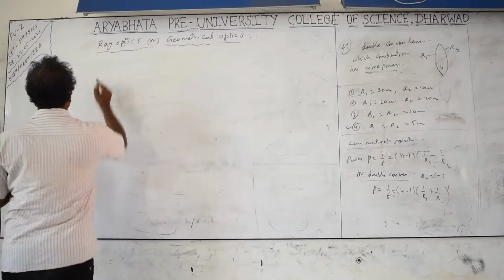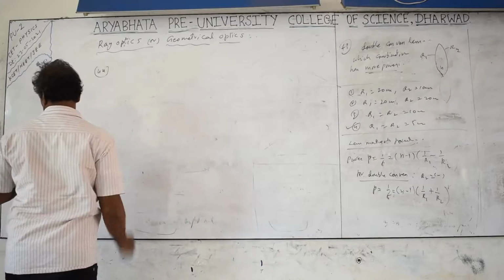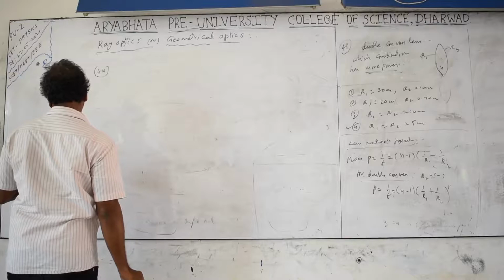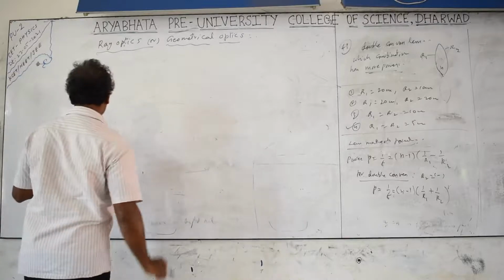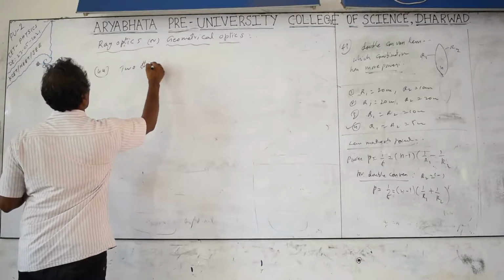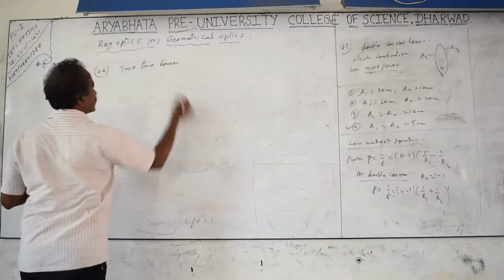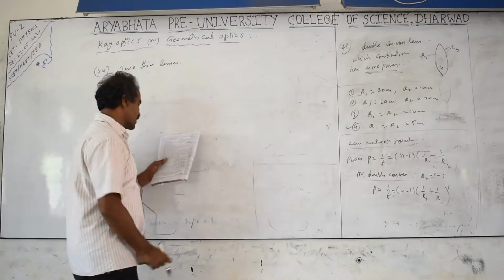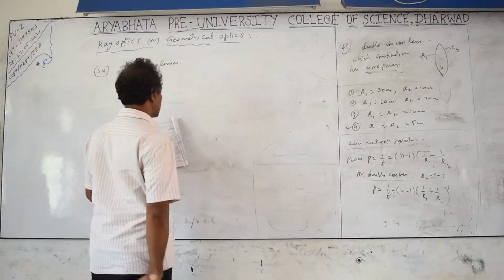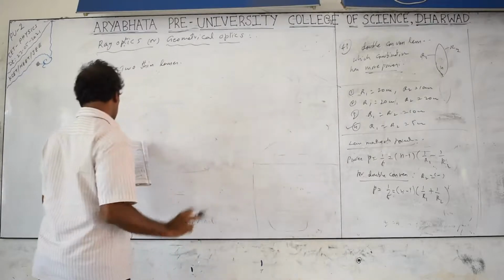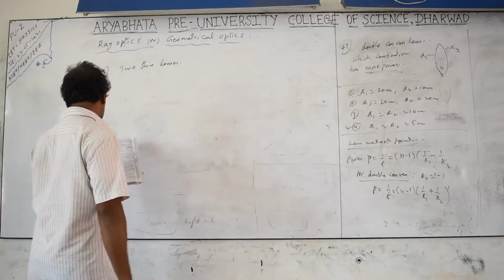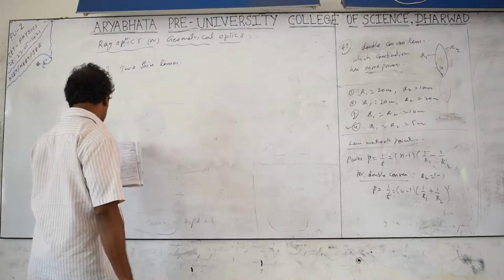Question 44. Two thin lenses in contact produce a combined power of 10 diopters. I will give the hint for this. Always take lenses as thin lenses, even if not mentioned, unless specifically mentioned as thick ones. For thick lenses you would use the curved refracting surface formula separately for the first and second surface, but for CET they don't give that.